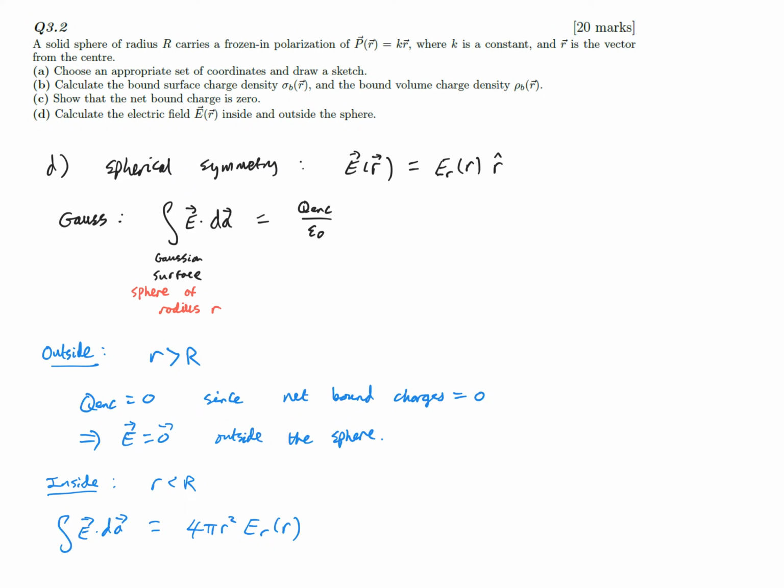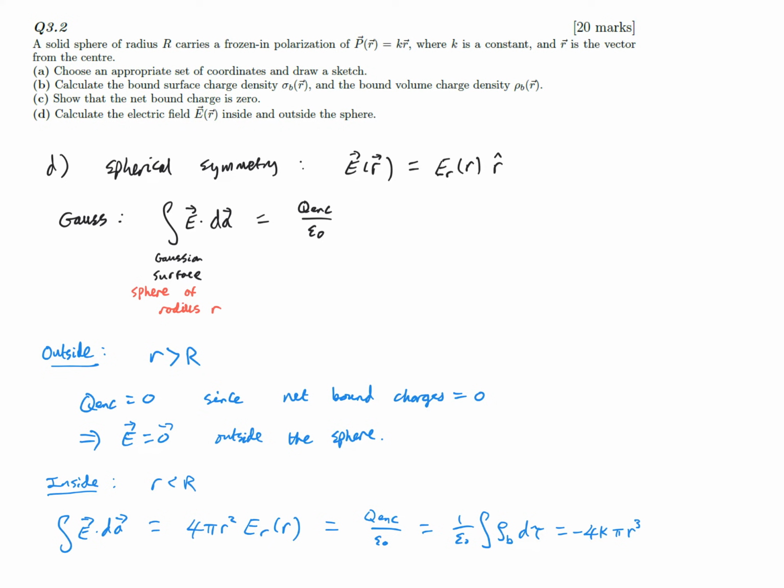That whole thing is equal to the charge enclosed divided by epsilon naught. What is the charge enclosed? Well, let's work it out. We do a volume integral of the bound charge, d tau, over the particular radius of the sphere that we're interested in. And it's the same kind of calculation as before. It's going to give us minus 4k pi little r cubed.